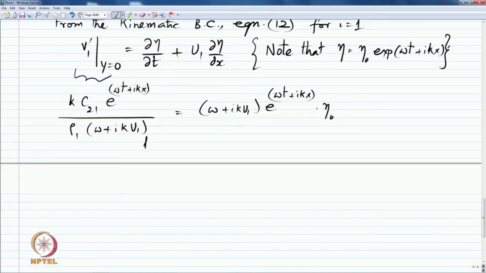So, simplifying we see k times C21 equal to rho 1 times omega plus ik u1 squared times eta naught.